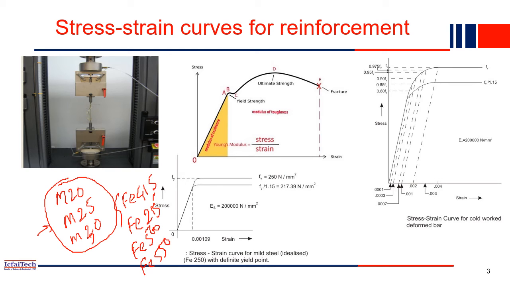So these are the nomenclature for steel. For concrete, it is M20, M25, M30, M40, like that. What is M? M stands for mix, and 20 is the characteristic compressive strength in MPa. M25 means that grade of concrete has 25 MPa characteristic compressive strength. Like that, these are the nomenclature of concrete.